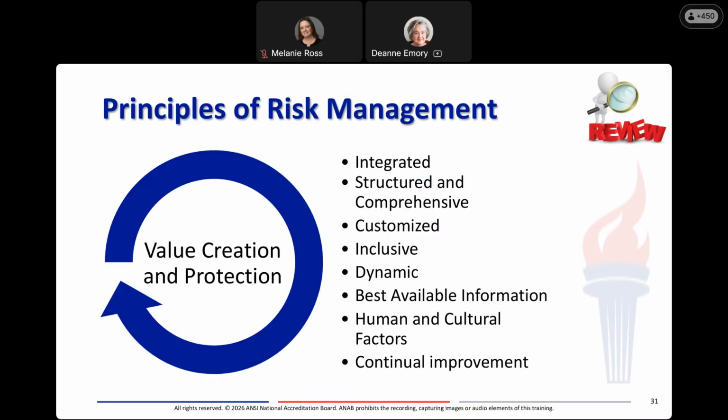It needs to be dynamic. It needs to use the best available information and consider human and cultural factors. This will drive both the improvement to the organization and, as it's reviewed, the improvement of the risk management program itself.